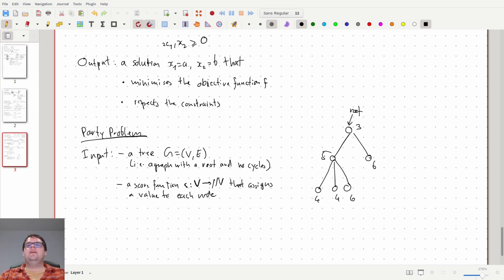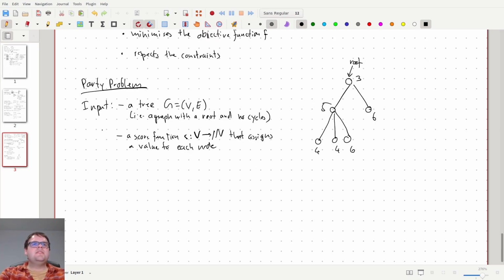So if you invite this one with value 5, you don't want to invite this one with value 3 as well, because it's the boss of the former. But then also you want to prioritize inviting some people over others. For example, it's much more important that this one with a value of 6 is invited than this one with a value of 4. So that's what the values mean, right?